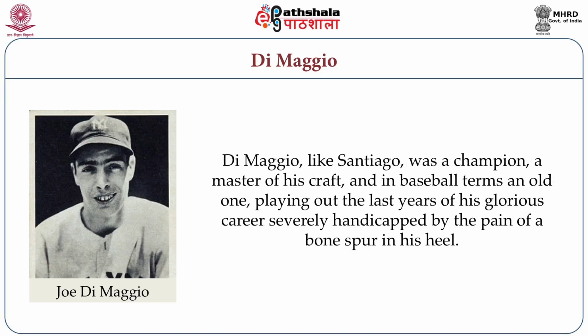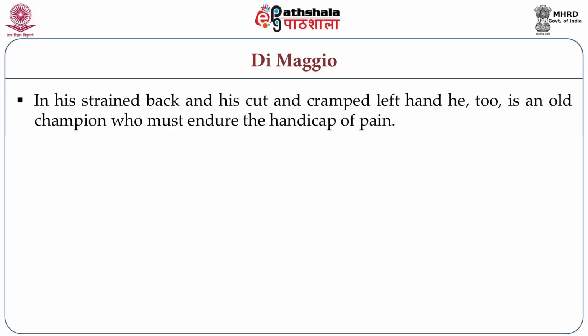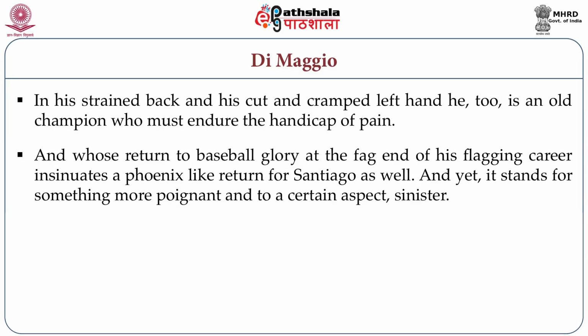Maggio, like Santiago, was a champion, a master of his craft, and in baseball terms, an old one, playing out the last years of his glorious career, severely handicapped by the pain of a bone spur in his heel. In his strained back and his cut and cramped left hand, he too is an old champion who must endure the handicap of pain, and whose return to baseball glory at the fag end of his flagging career insinuates a phoenix-like return for Santiago as well, and yet it stands for something more poignant and to a certain aspect sinister.